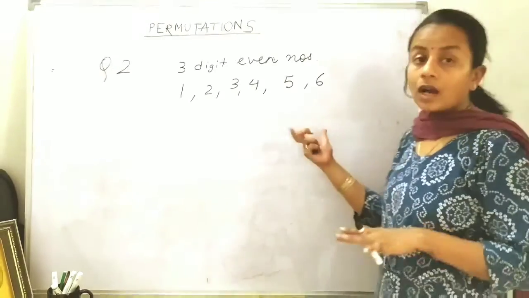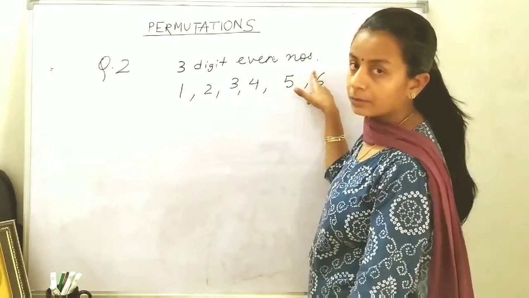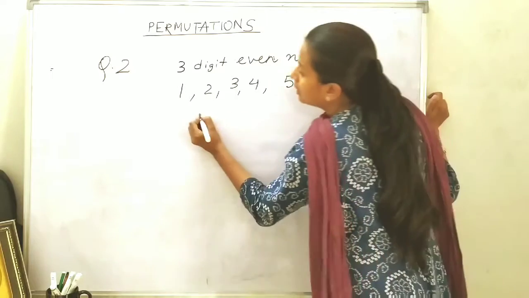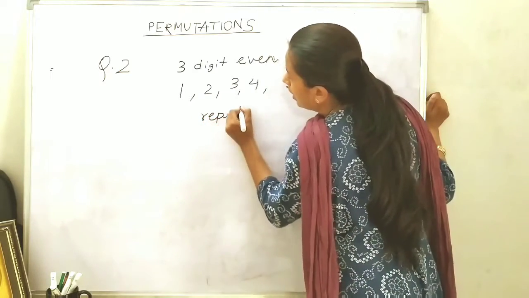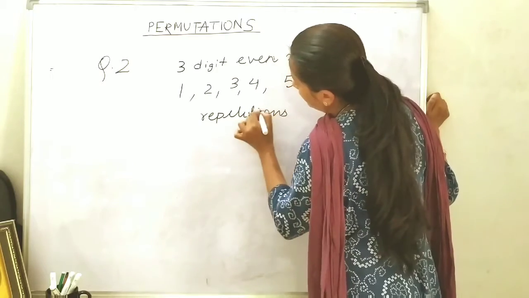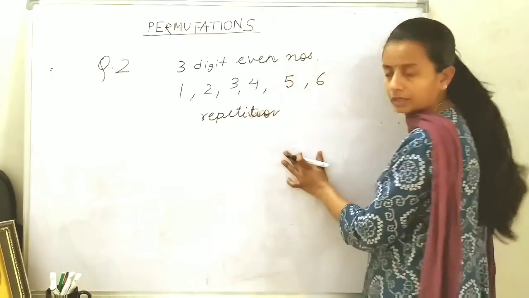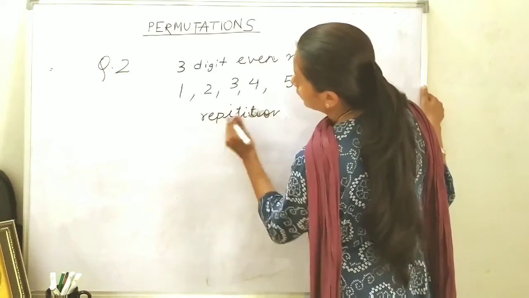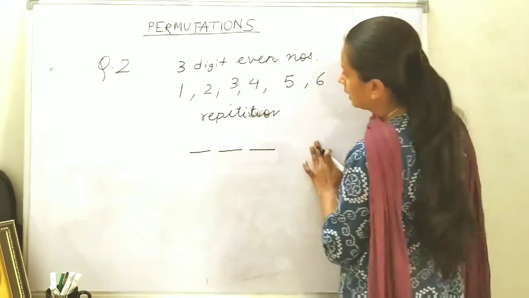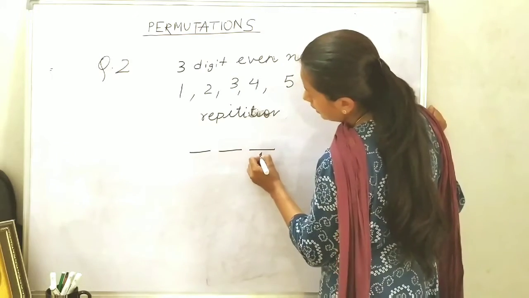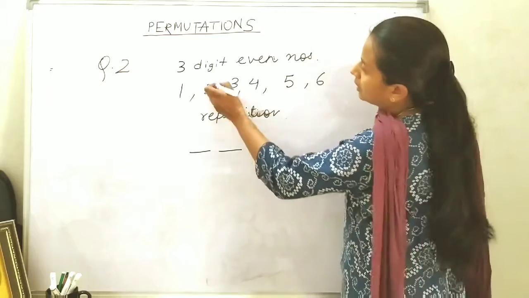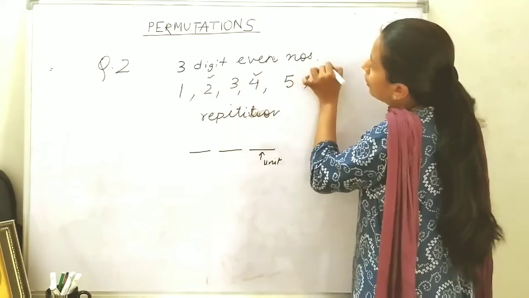Now, how many 3-digit even numbers can be formed with these digits when repetition is allowed? What we can do is fill 3 places like this. First, the unit place: if it is an even number, it can have either 2, 4 or 6.